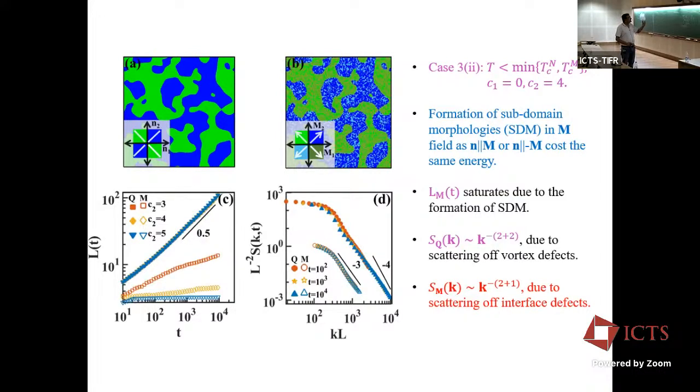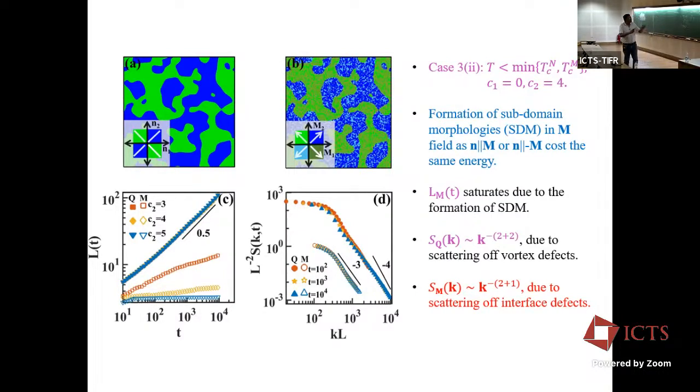Couple of other things. Growth law saturates for the magnetization field, for the nematic field, but it saturates for the magnetization field because of the formation of these subdomain morphologies. Also, even though the magnetic order parameter is continuous, the scattering gives a Porod tail analogous to scattering of interfaces, because the subdomain morphologies basically have order parameter pointing up and down adjacent to each other, basically.